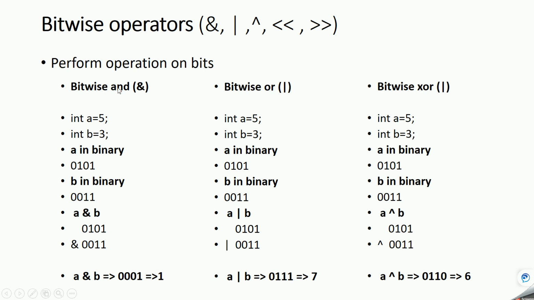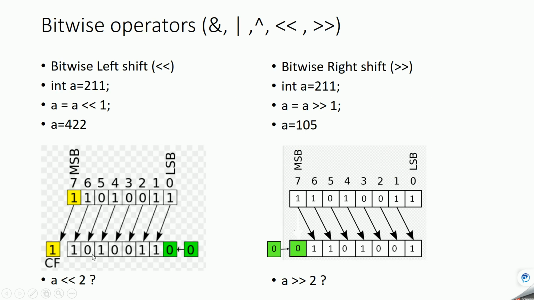And if we perform bitwise AND on both, here is how it works. If both bits are 1, then the result will be 1. If they are different, then it will become 0.